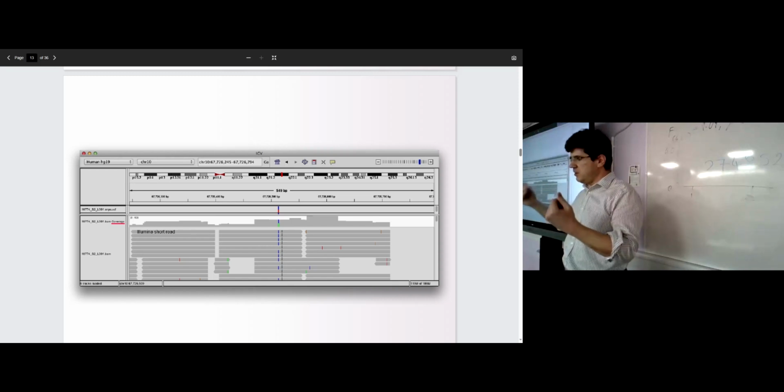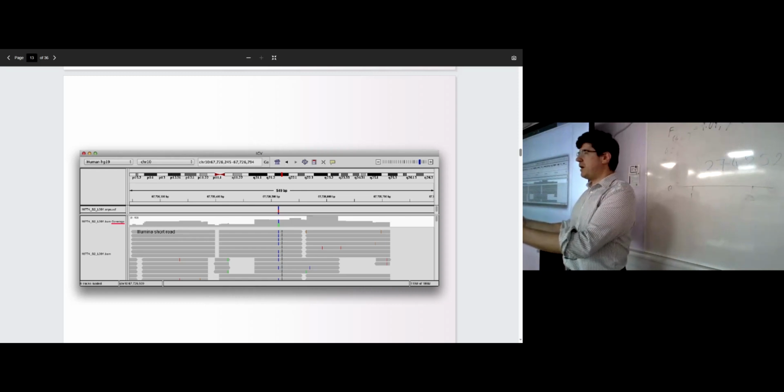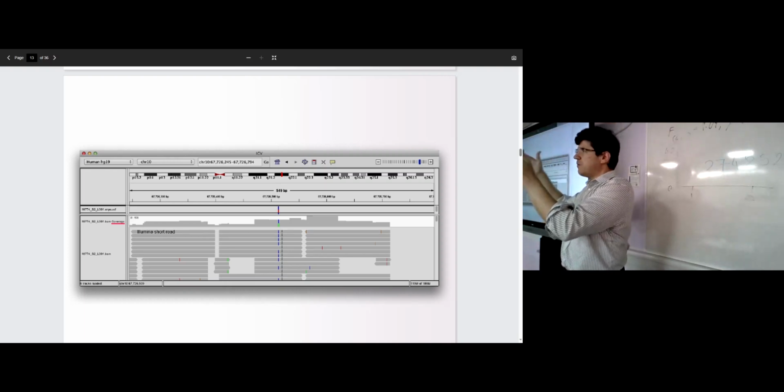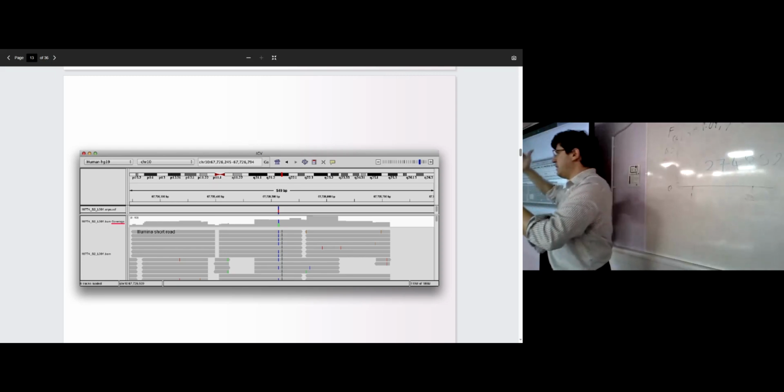Then you feed those fragments into the machine, and the machine reads those millions of fragments in parallel, and they get digitalized. So from being chemical compounds, you get a massive file, which you then, with a massive supercomputer, have to reconstruct, like a puzzle, into its exact order based on the reference genome. It's like a massive puzzle that you have to redo based on the fragments that you have across the length of the whole genome.